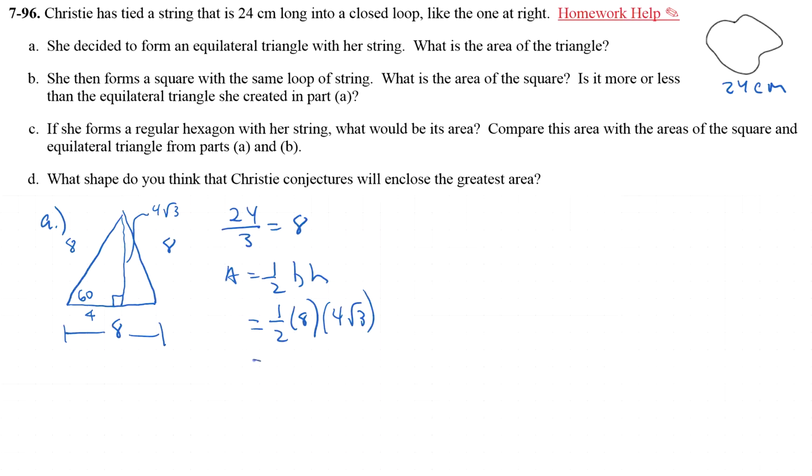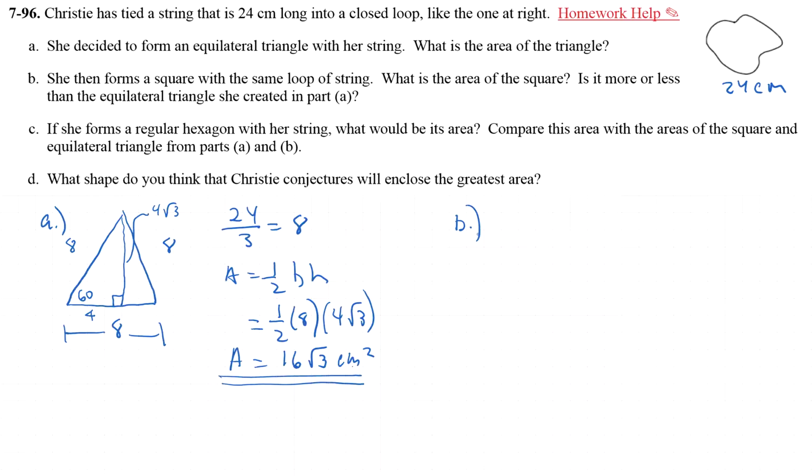And then we get 1/2 of 8 is 4. 4 times 4 is 16 root 3. And that's units. What were my units? Centimeters. So this is going to be centimeters squared. Okay, now it doesn't say anything about approximating or anything, so I'm just going to leave my answers in exact form.